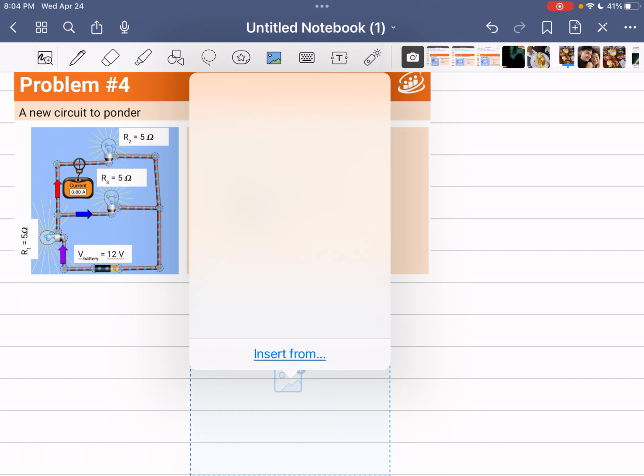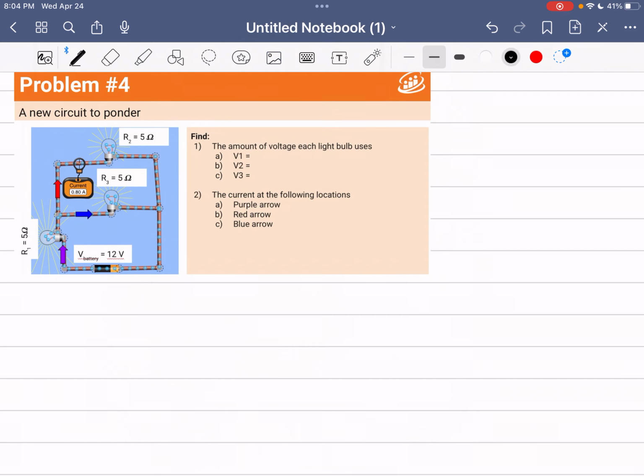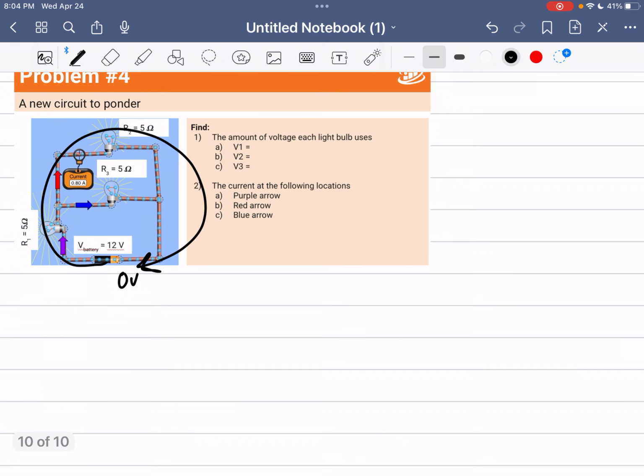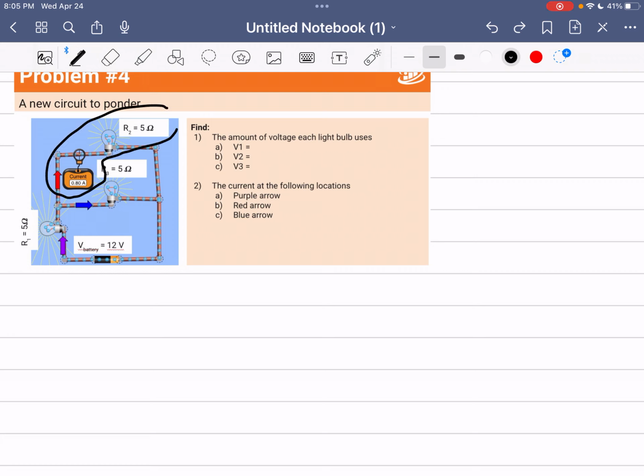So, when we think about when it completes the circuit, it needs to be at 0 volts, right? We don't have as much information, but this light bulb has a resistance and a current already.